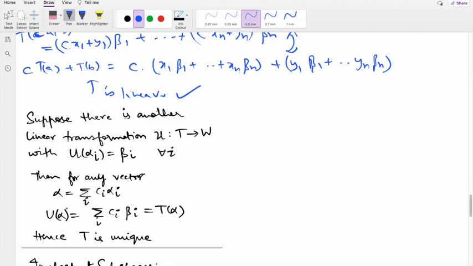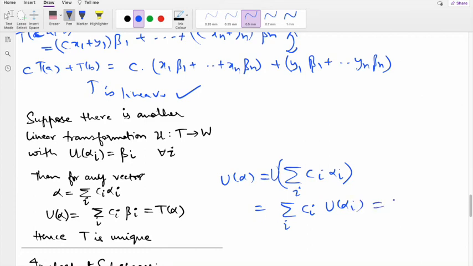So U of alpha is U of the summation over i of c_i alpha_i. Since U is a linear transformation, this becomes sigma c_i U of alpha_i.